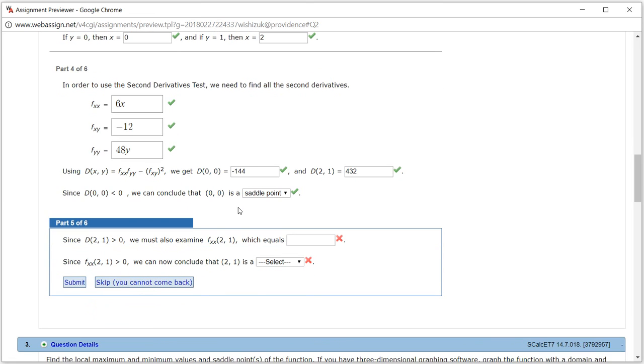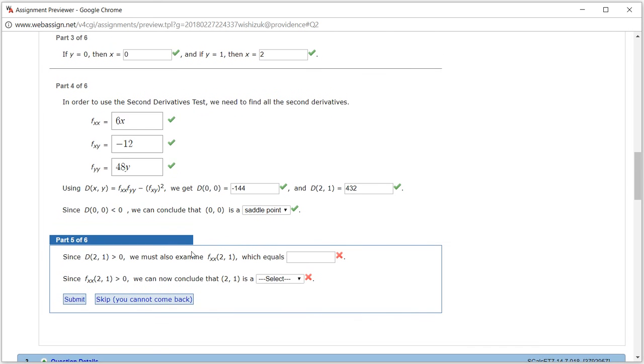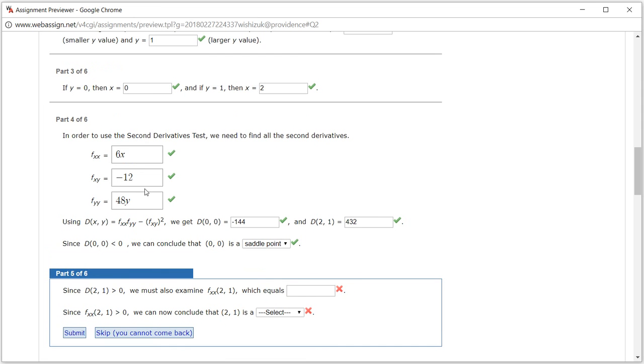Let's look at part 5. Since D of (2, 1) is positive, we must also examine the second partial with respect to x at (2, 1). Remember that the second partial is 6x. If you plug in x equals 2, that's going to be 12.